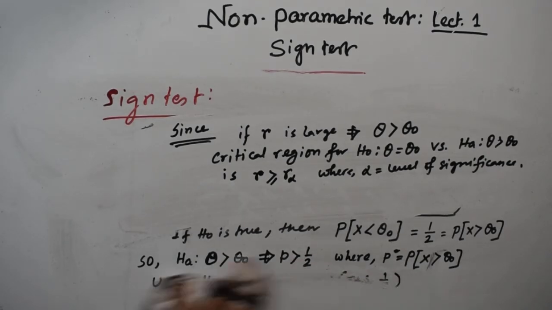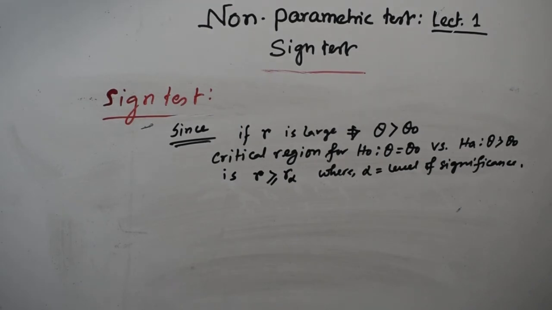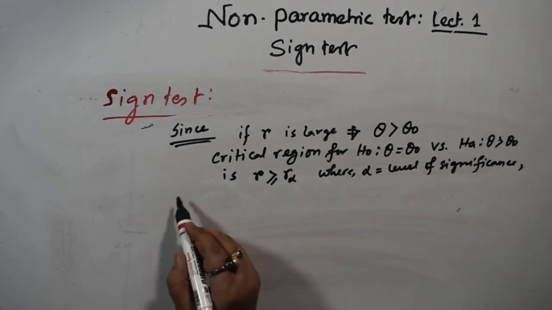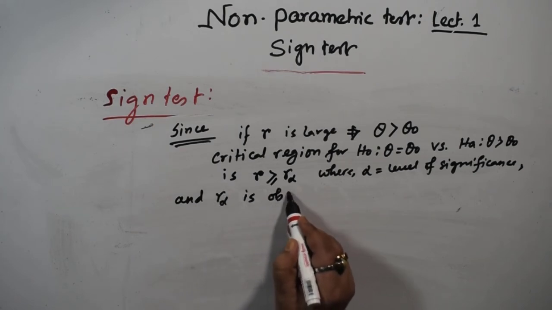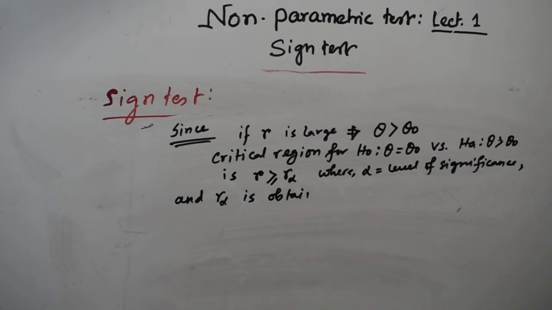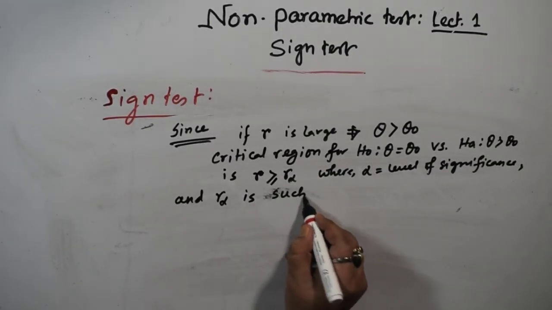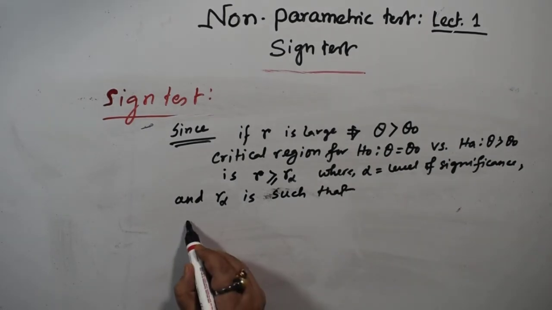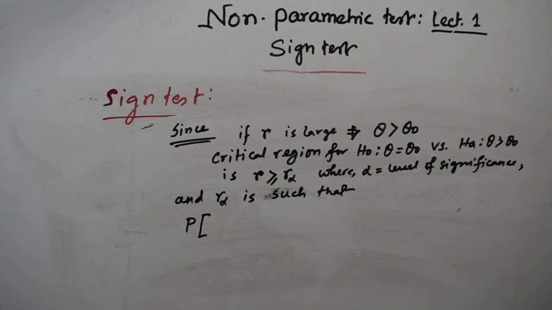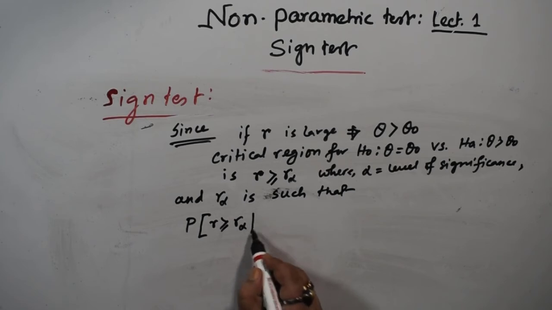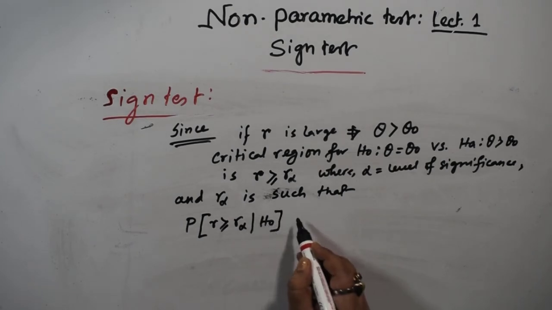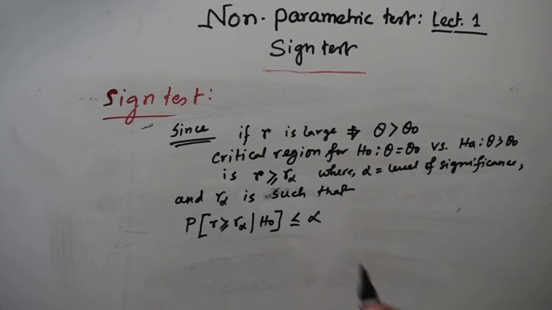And R alpha is such that probability R greater than R alpha under H naught is less than or equal to alpha.